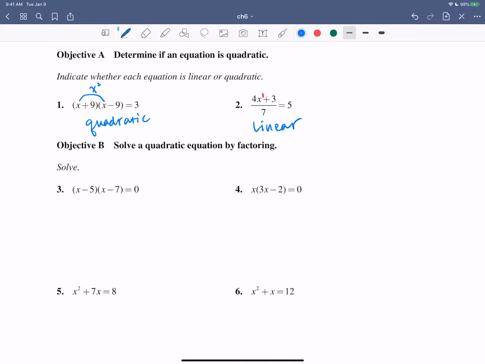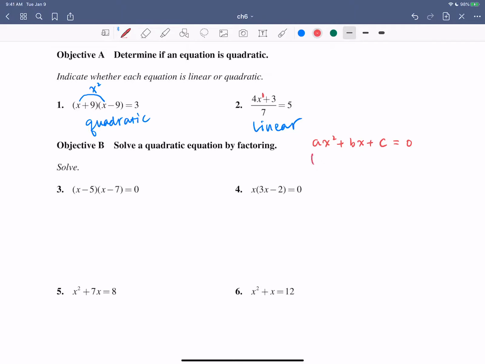Moving on to objective B. Solve a quadratic equation by factoring. The general form for a quadratic equation looks like ax squared plus bx plus c equals 0, where a, b, c are coefficients and a is not equal to 0. If we're going to solve this quadratic equation, sometimes you can factor the left-hand side, the ax squared plus bx plus c, using what we discussed in earlier sections.